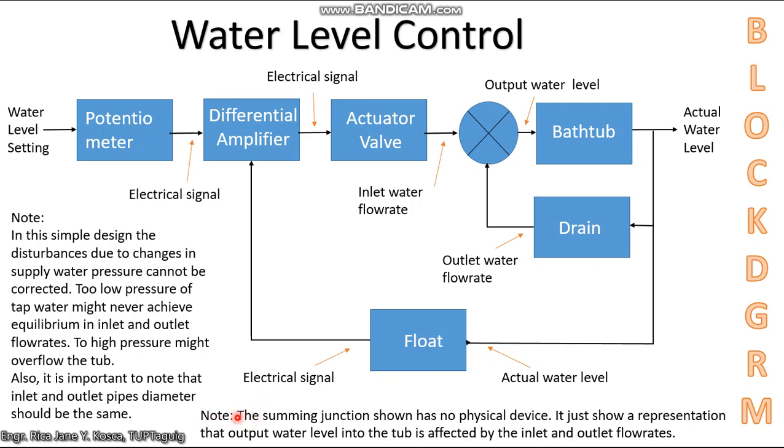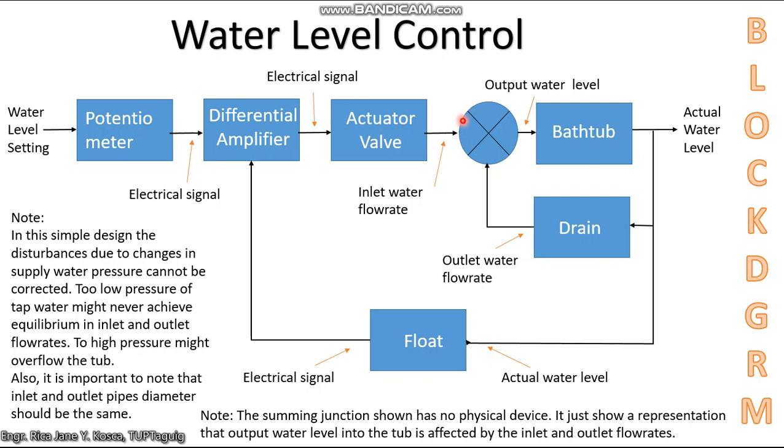Take note also that this summing junction, there is no physical device in the actual schematic. In this block diagram, it is provided just to show a representation that output water level in the tub is affected by the inlet and outlet flow rates.